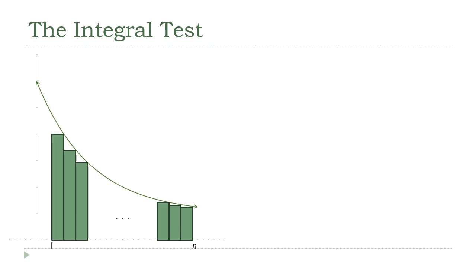And because their width is 1, the area of each of these rectangles is equal to just the individual sequence values. Okay, so let's write that here. The sum of the function values from 2 to n, because we're doing the right-hand edges of the rectangles, is equal to f of 2 plus f of 3 plus so on out to f of n. So that's the lower Riemann sum.